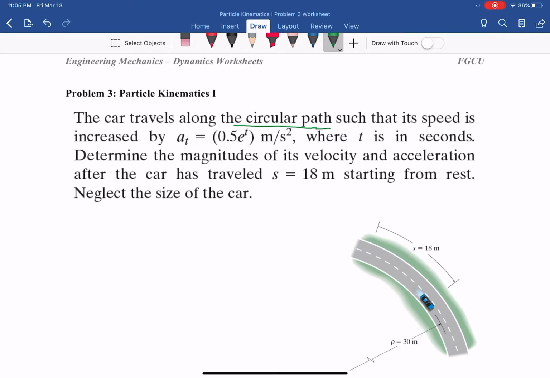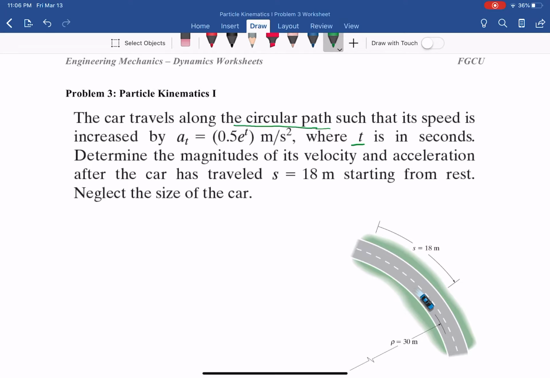So similar to problem 2 that we had before, the acceleration at is equal to 0.05 e^t meter per second squared. So you can see in that case, the acceleration at has a direct relationship with the time, not like problem 2, and t is in seconds of the time.